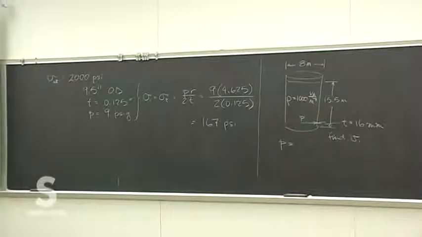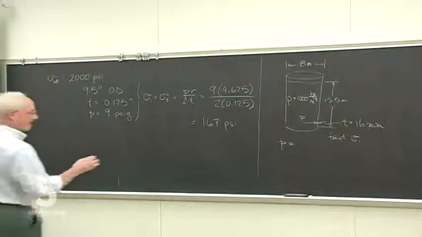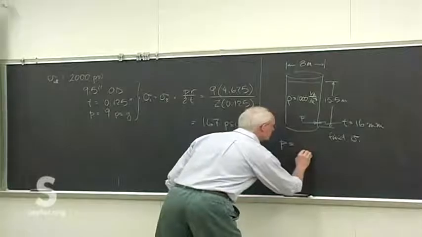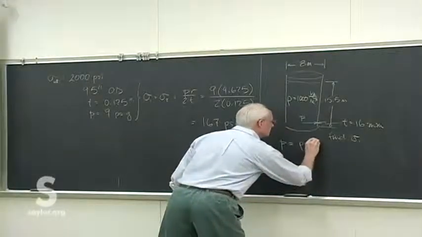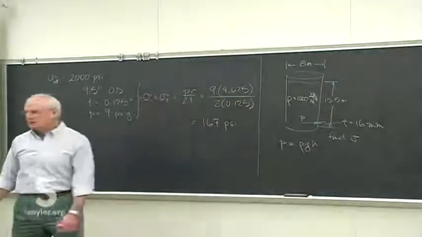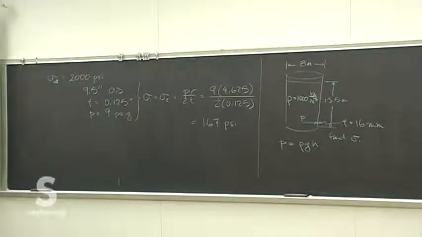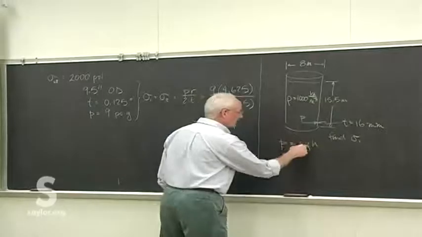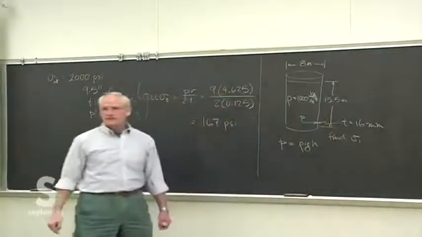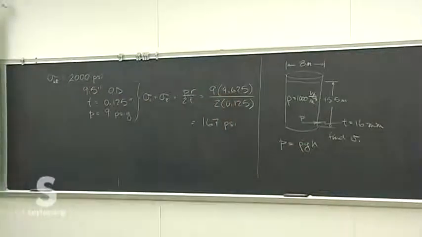You can do without the conversion if you just use rho g h, where rho is the density of the fluid, g is the gravitational field strength, so that together is the specific weight, where density is actually specific mass, and h is the height of the fluid column, which is the 15.5.